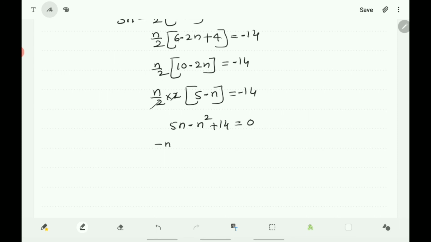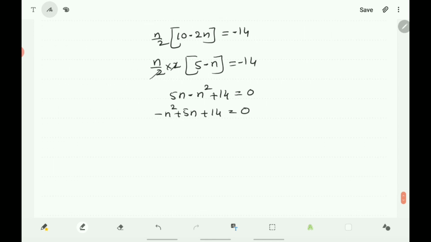Then to write in the standard form, minus n square plus 5n plus 14 is equal to 0. So remove the minus sign for n square, that is minus of n square minus 5n minus 14 is equal to 0. So you got the equation n square minus 5n minus 14 is equal to 0.